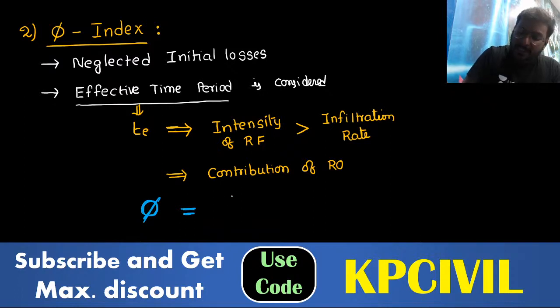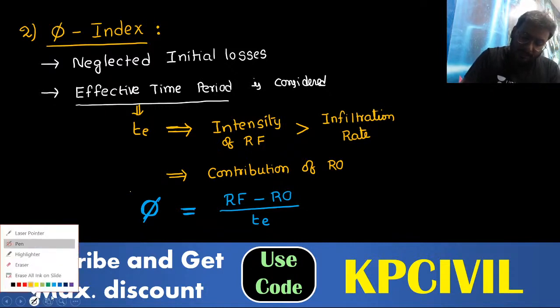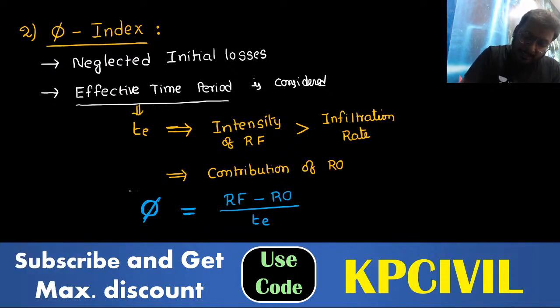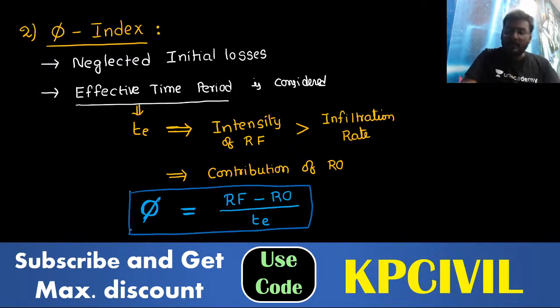Very important, phi is equal to rainfall minus runoff divided by effective time period T. Phi index value is equal to rainfall minus runoff by effective time period T. That is the phi value.